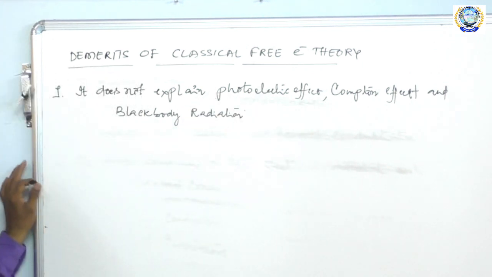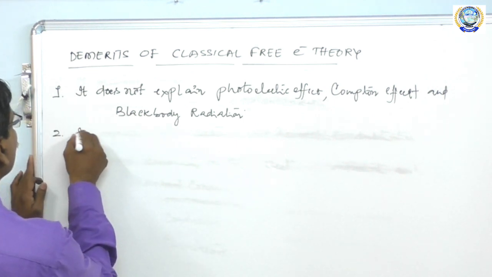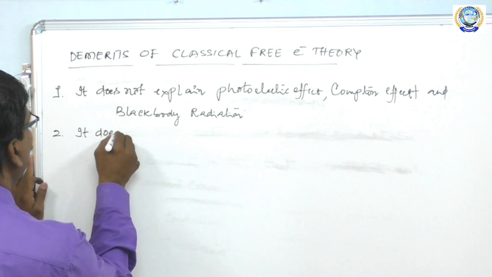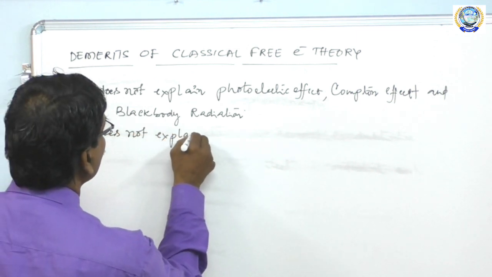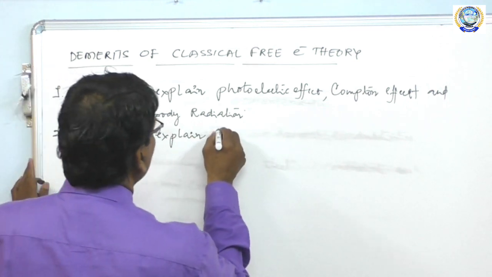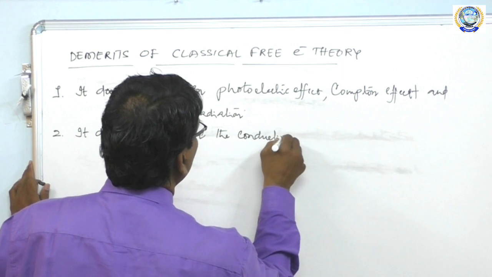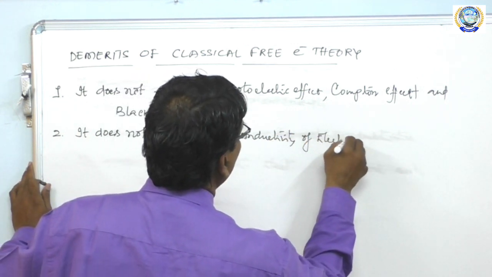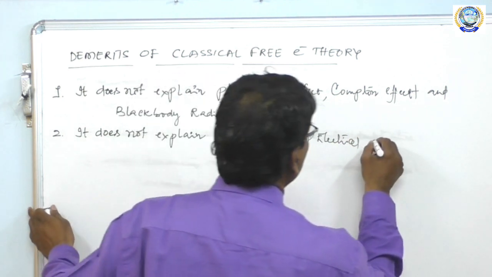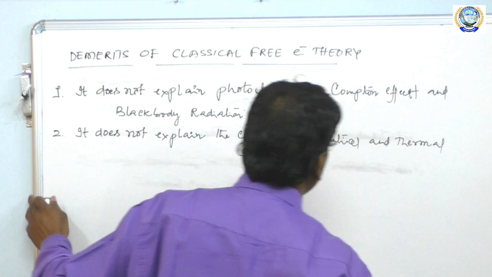The second demerit of classical free electron theory is it does not explain the conductivity of electrical and thermal.